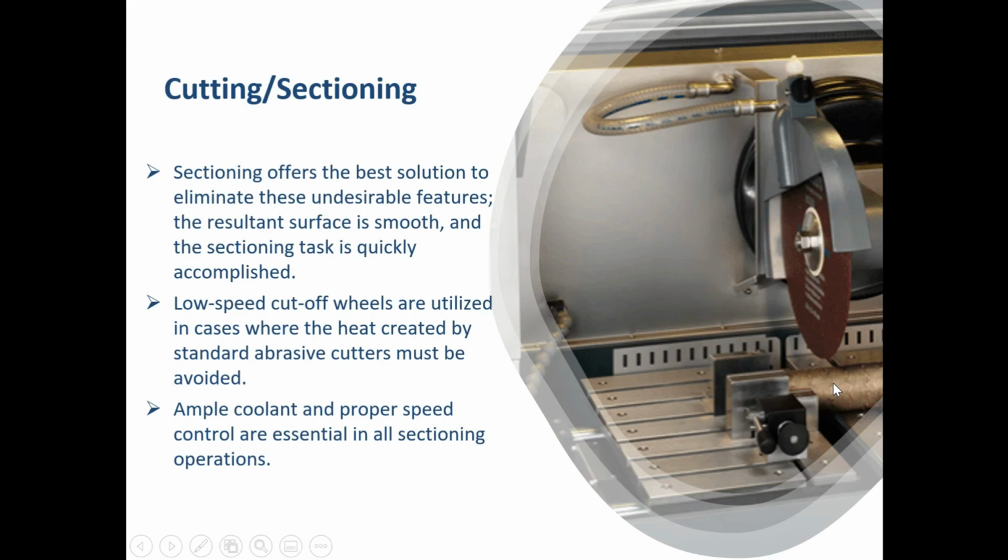So to avoid a change in composition, we have to use low speed cutoff wheels. Also, to reduce the heat created, we have to use an ample amount of coolant, and proper speed control is essential in all sectioning operations.